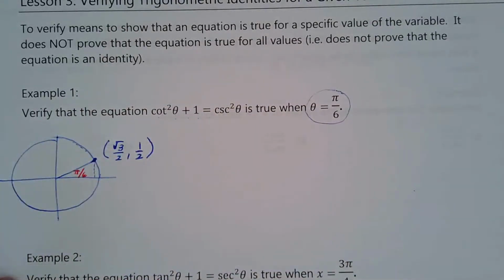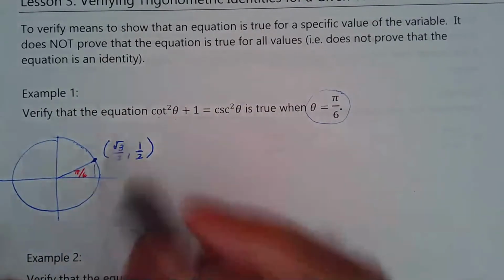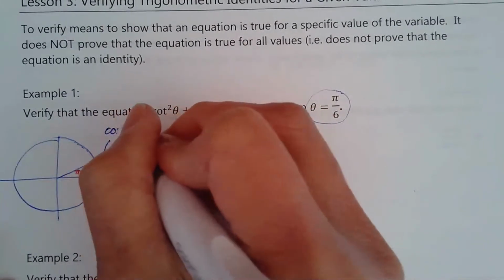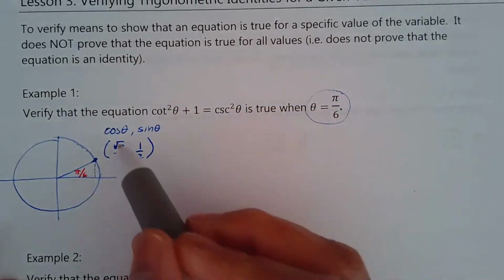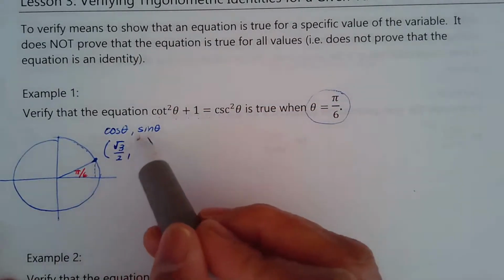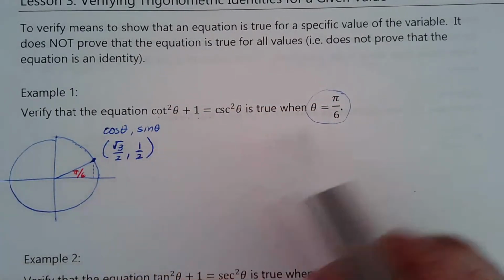This is the cos theta, and this is the sine theta. So the x is the cos theta, and the y is the sine theta.